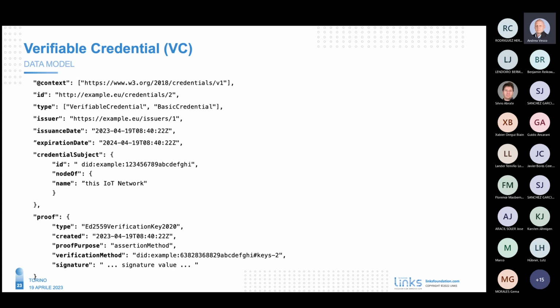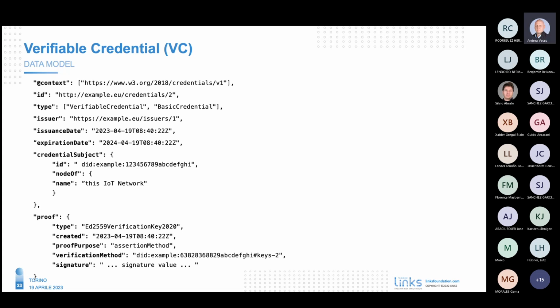So this kind of verifiable credential has a very simple claim that says that the holder of this credential, so the node receiving this credential, is a node that belongs to this particular IoT network. But again, you are free to implement any kind of complex credential subject field to describe in much more detail the identity of that node.